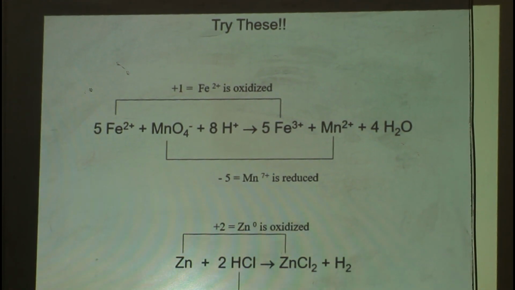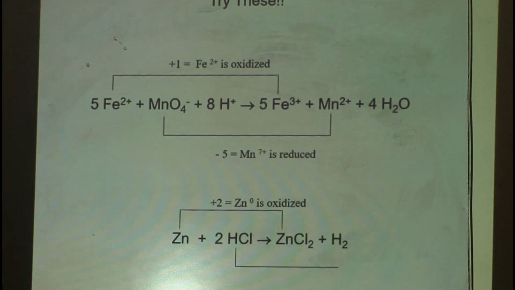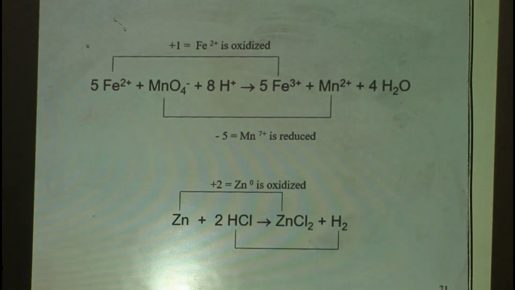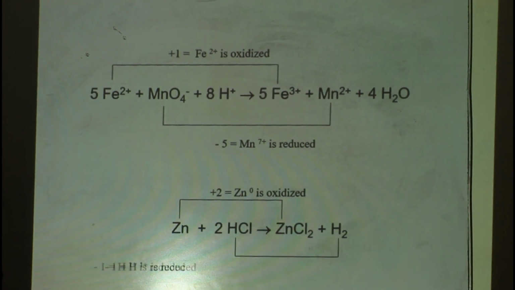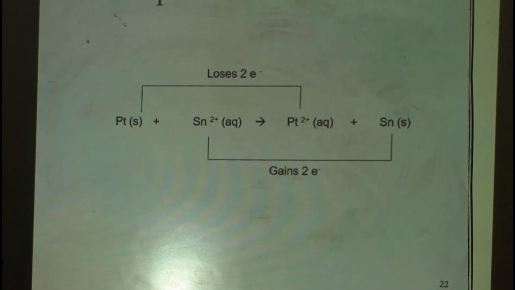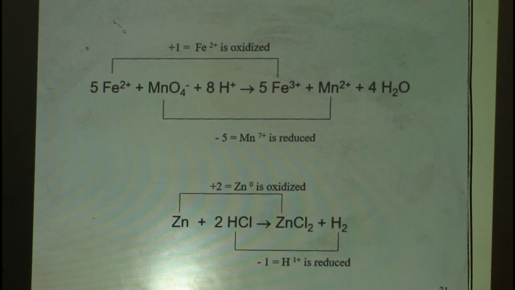And therefore, we say zinc has oxidized. Let's look at the hydrogen. The hydrogen, on the other hand, has moved from +1 to 0. So we say it has reduced.